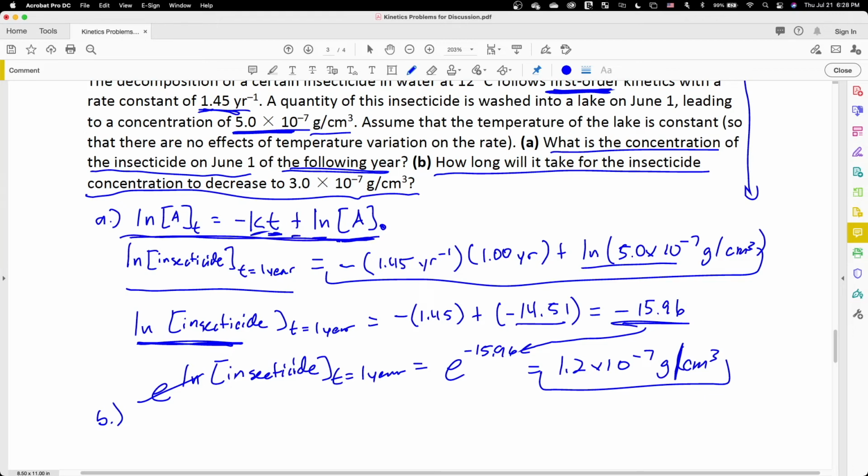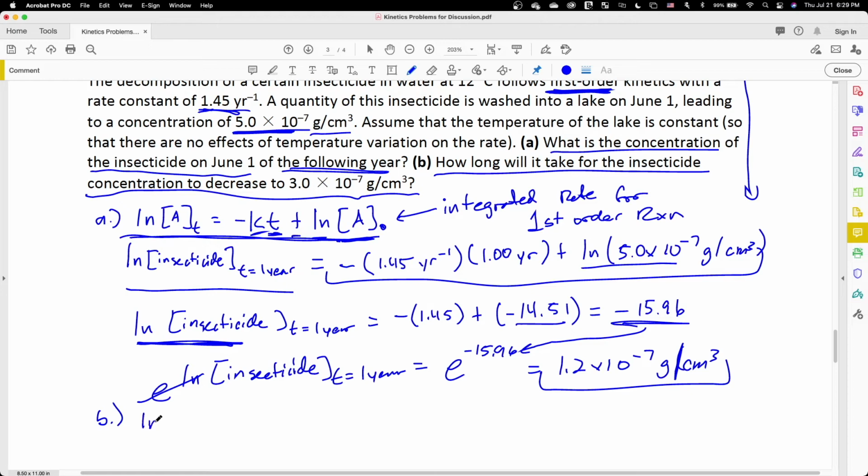This is the integrated rate law for the first order reaction. Don't forget that. You use this integrated rate law for both A and B. So again, plug in what you know.